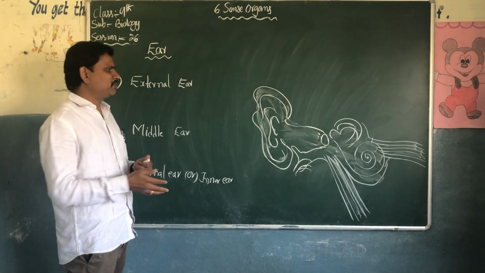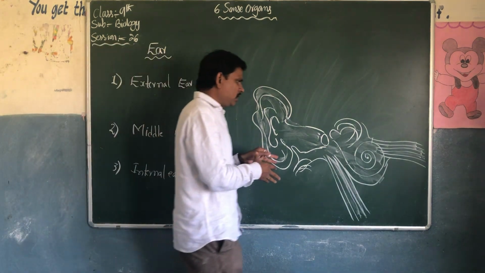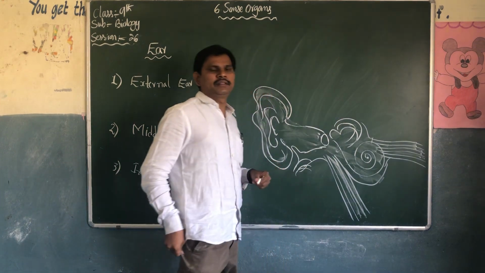This is the structure of the ear. The external ear looks like a very small ear, but internally there are so many parts.